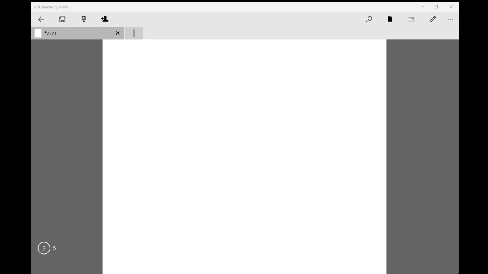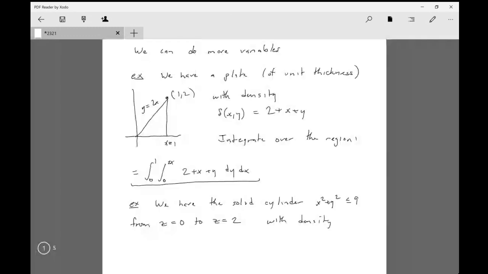So let me actually go back just so you have something to see. And again, sorry, can you see the screen? Although you might only be able to see half of it.